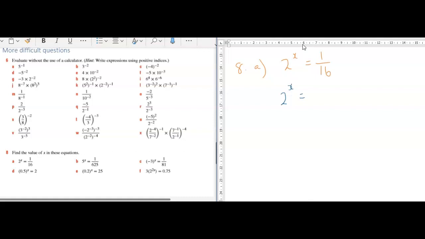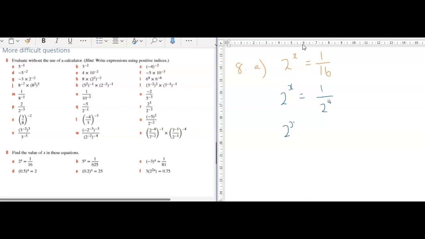So 16, I can rewrite as 2 to the power of 4. 2, 4, 8, 16, good. Okay, so 2 to the power of 4.